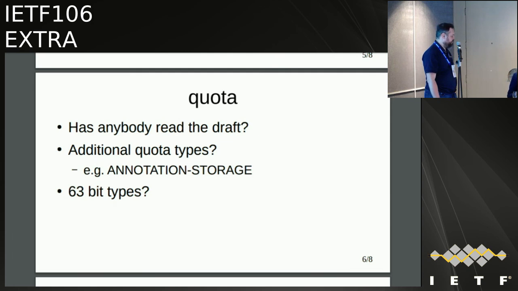Okay. And do we want to explicitly say that all the types are 32-bit types, because I think there's all 32-bit numbers at the moment in the draft? So at the moment, 32 bits for kilobytes.